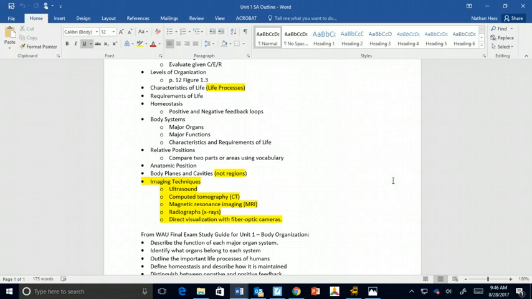Wait, the CT is more? No, the MRI is more detailed. But a CT is more detailed than an X-ray, because that's only going to show the bones. That's not going to show as much soft tissue. Other questions?